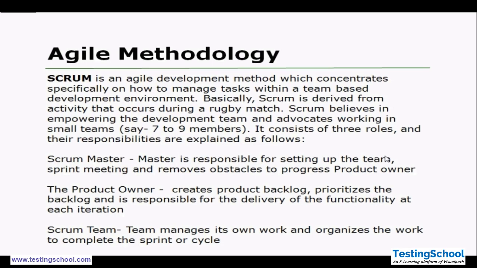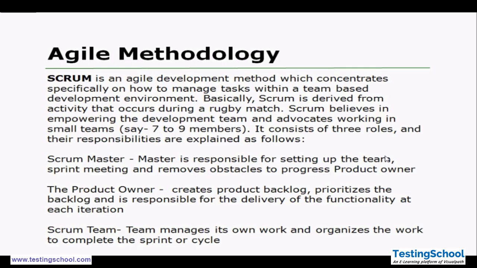Scrum originated from a rugby match, where 7 to 9 members work together for one task. It consists of 3 roles and their responsibilities: Scrum Master, Product Owner and Scrum Team.